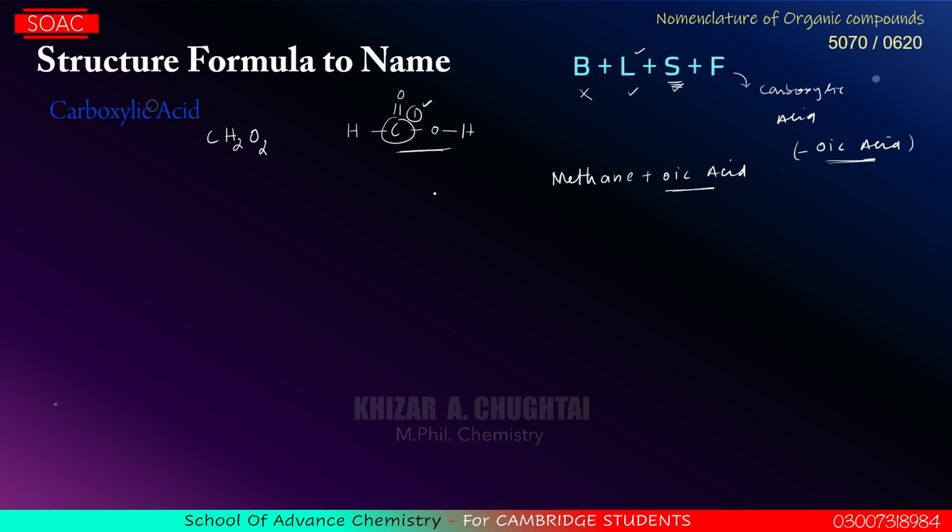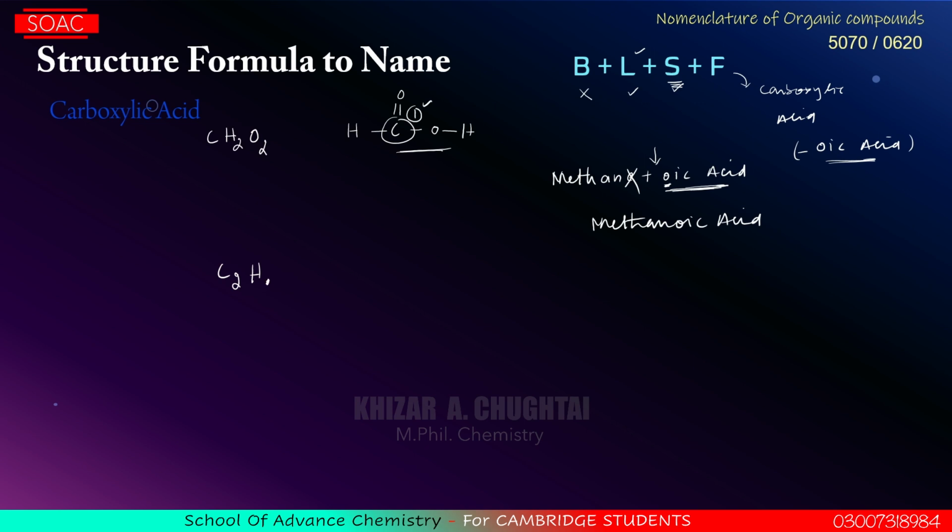So there is no need to write the position, no need to write the number before the name of this oic acid. It is understood that it is at position one. So again, there is a vowel, so I'm going to remove this E. So its name will be methanoic acid.